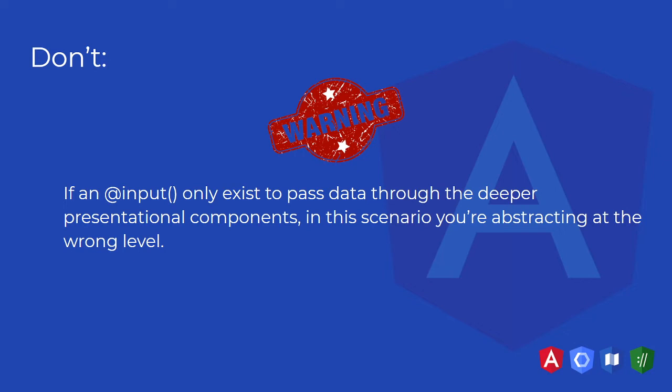This means if a container component has presentational components, and inside the presentational component you have more presentational components, then these are two layers of Input decorators which only pass the data along. So if you are using a presentational component inside a presentational component, here comes the two-level Input decorators, which is the wrong abstraction layer.